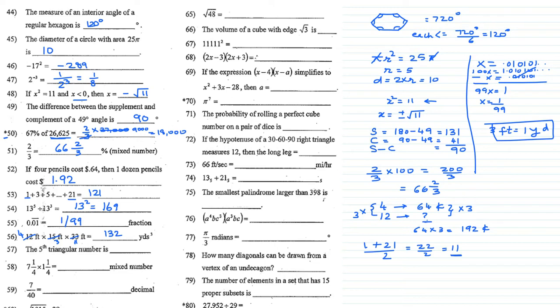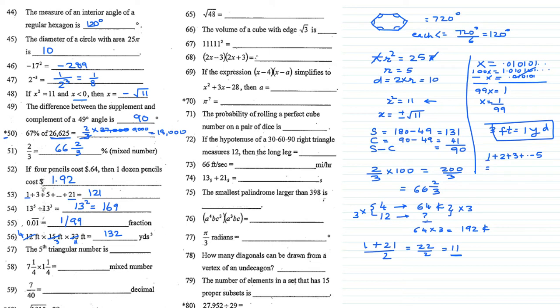Question 57. The fifth triangular number is. So this is essentially the same as asking what is the sum of all the numbers starting from 1 all the way to 5. So we can use the same method that we used in question 53.